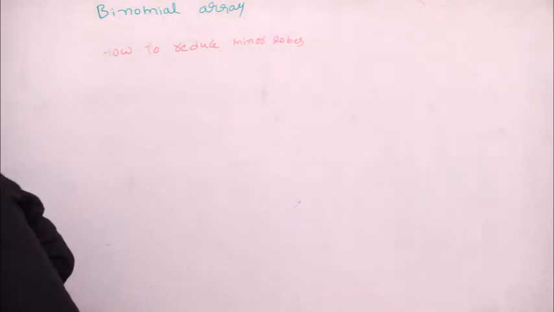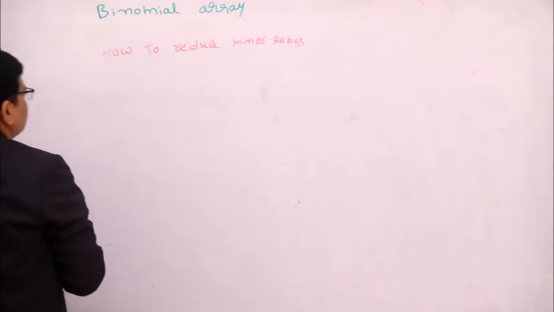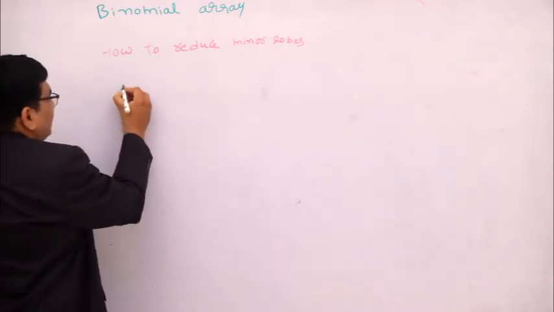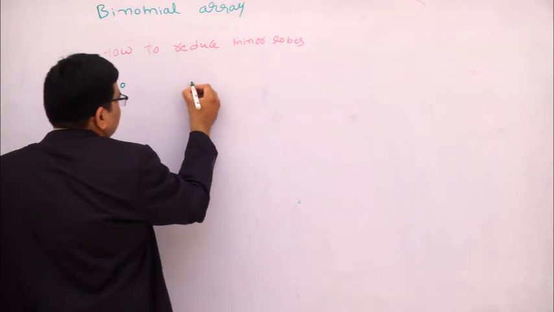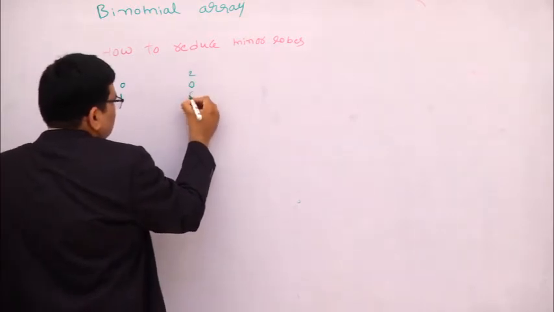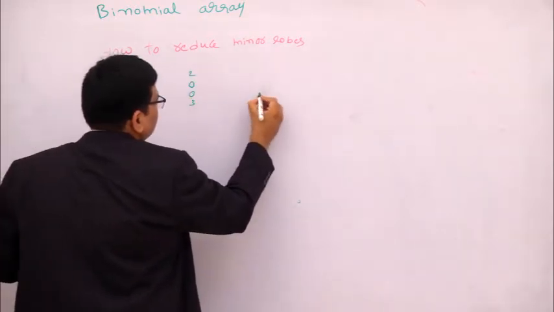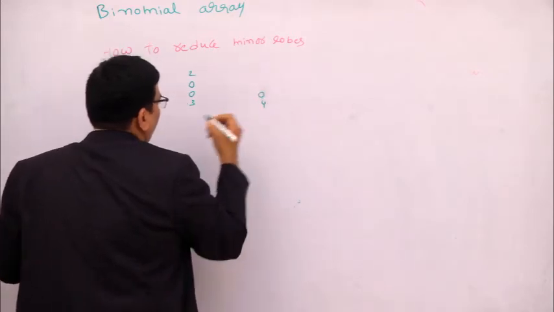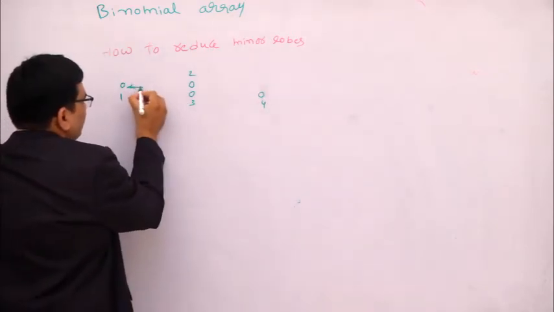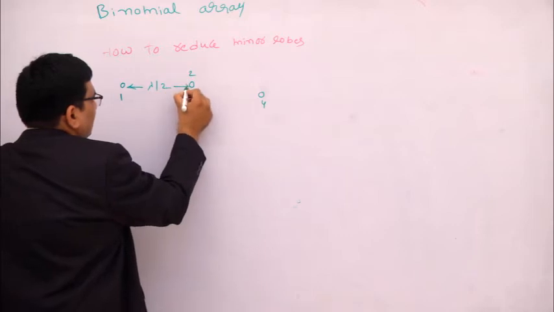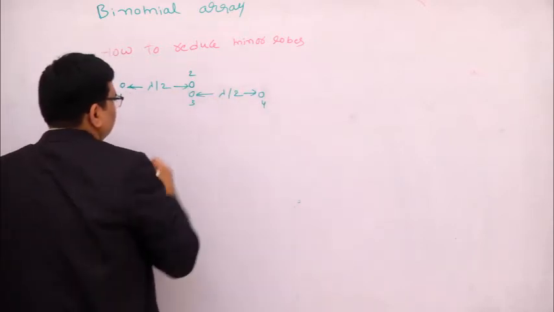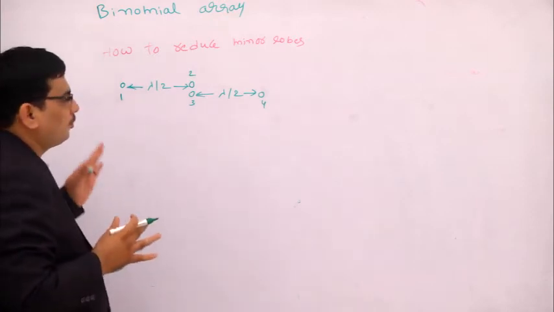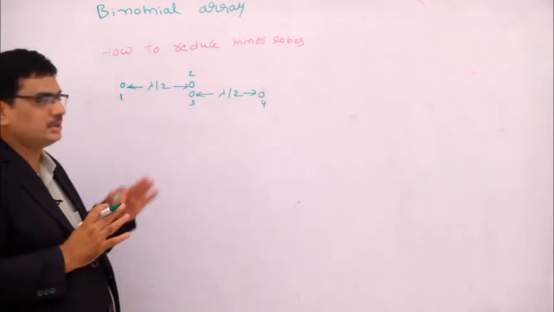For that, we are just rearranging the elements. This is element 1, this is element 2, this is element 3, and this is element 4. The distance between 1 and 2 is lambda by 2, and the distance between 3 and 4 is lambda by 2. Previously we took the elements as groups.